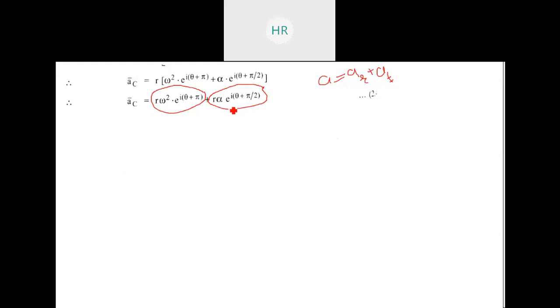Okay, one is tangential component and one is radial component. So if you look at the magnitude alpha into r, that is the magnitude of tangential component of acceleration, and omega square into r is the magnitude for radial component of acceleration.